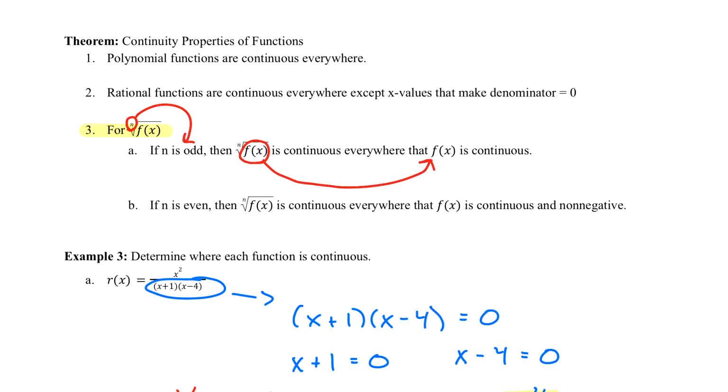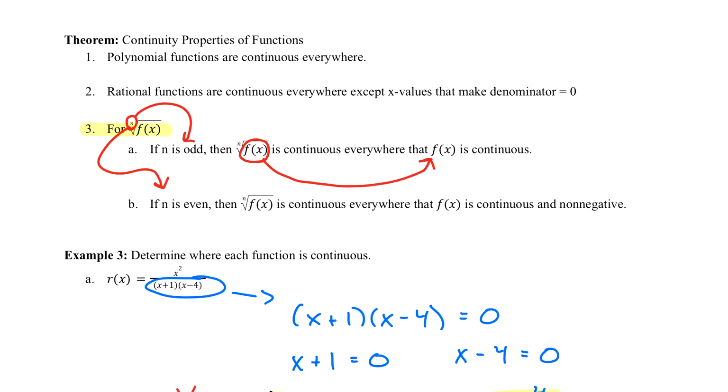The second case, if we look at the index of our root and we determine that it is even, then in that case our function, the nth root of f of x, is continuous everywhere that f of x is continuous. So let me just pause right there. Here we're saying the exact same thing we said above.